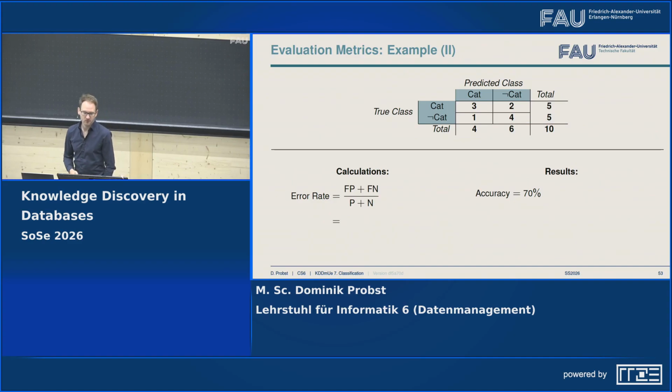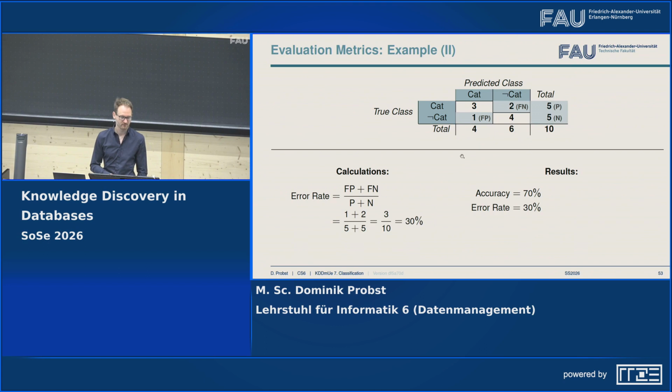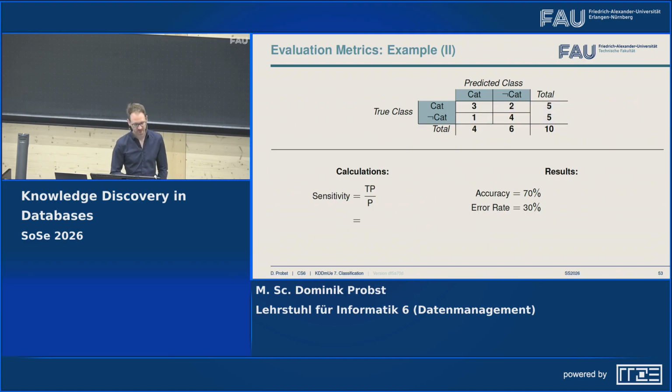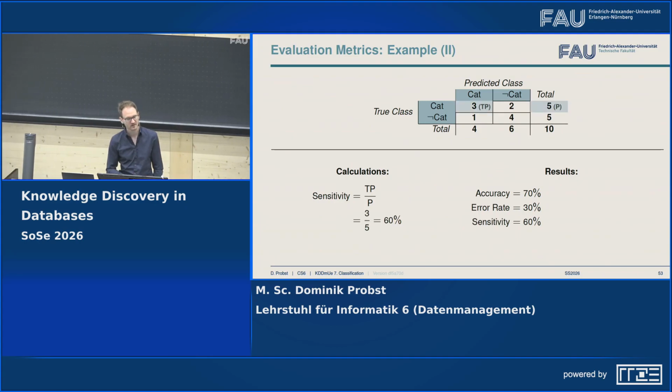The error rate would be false positives plus false negatives. So these 2 columns, 1 plus 2, divided through 10 is 30%. Since it's the inverse of accuracy, that seems reasonable. Then we can take a look at the sensitivity. True positives divided through positives is 60%.